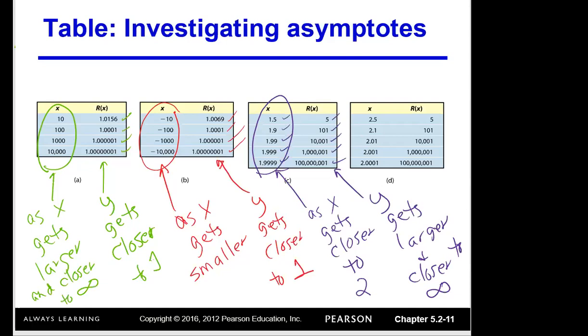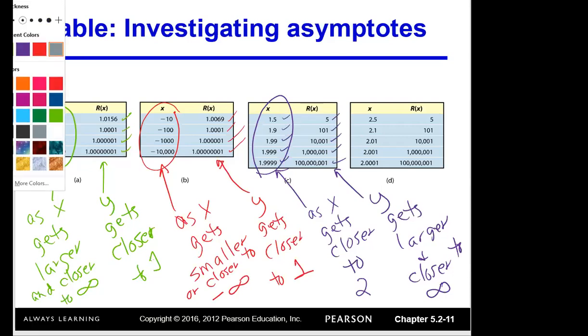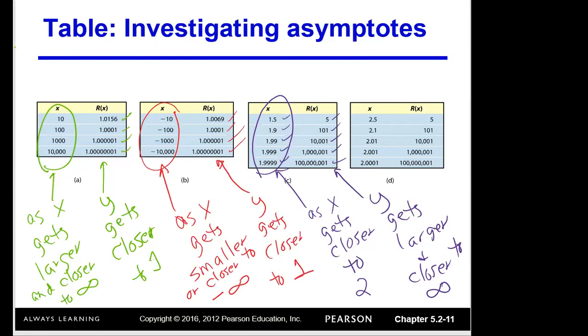Now in the next one, I would say as x gets smaller or closer to negative infinity. All right, and then that last one down there, x is going from 2.5 to 2.1 to 2.01 to 2.001 to 2.00001.